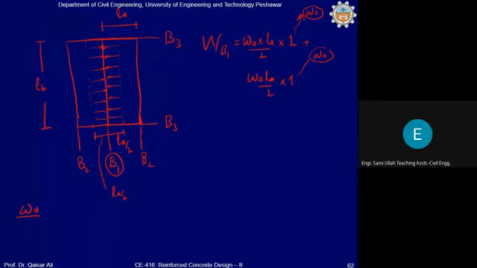Similarly, if you want to calculate the load acting on B2, so can you calculate the load acting on B2? Load acting on B2 will be how much? Quickly. So WU LA by 2 multiplied by 1.